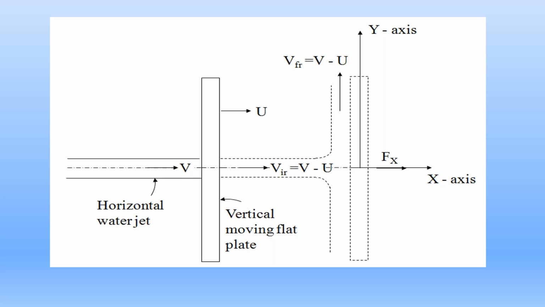Rho is the density of water, A is the cross-sectional area of the water jet, V is the absolute velocity of the water jet. In the rest condition, the water jet strikes the plate with velocity V, whereas in the moving condition, the water jet strikes the plate with relative velocity VR, that is equal to V minus U.